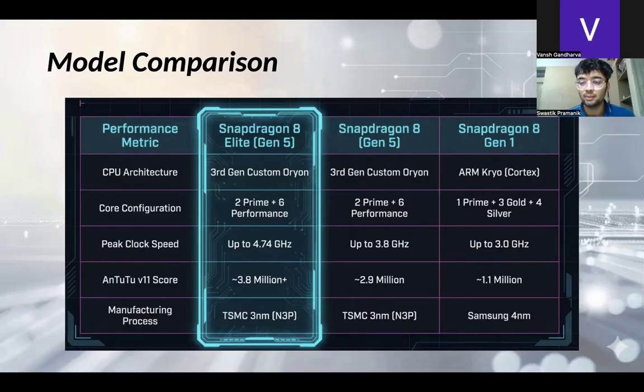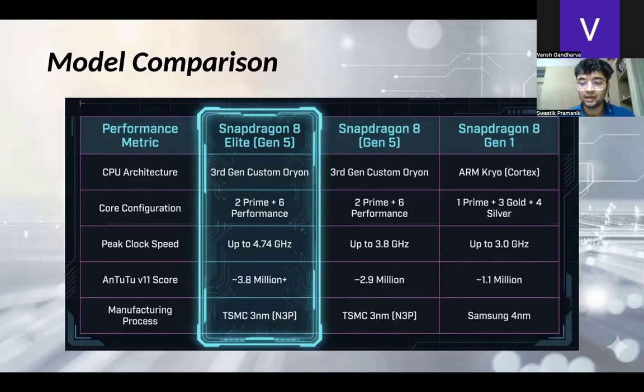As we can see, the Snapdragon 8 Elite Gen 5 is 2 prime plus 6 performance, as well as the Snapdragon 8 Gen 5, while the Snapdragon 8 Gen 1 has a 1 prime plus 3 gold plus 4 silver core configuration. And we can also see the peak clock speed in the table.